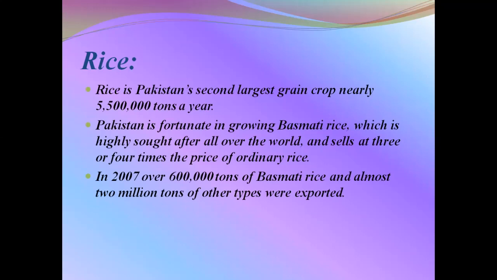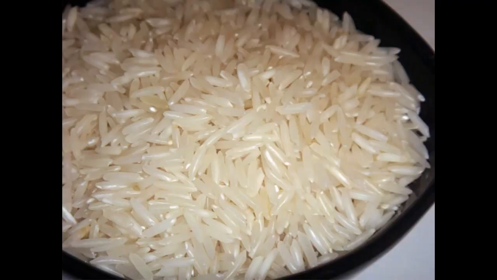In 2007, over 6 lakh tons of basmati rice and almost 2 million tons of other types were exported. So rice is a very important grain crop in Pakistan. This is the picture of the basmati rice. This is the very good quality of Pakistan, that Pakistan is exporting basmati rice.